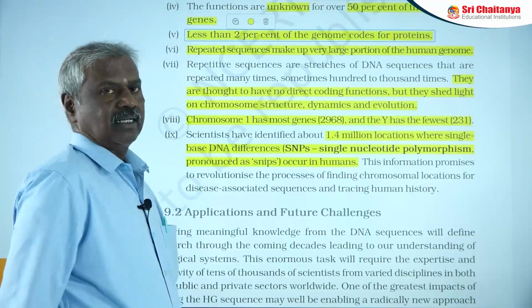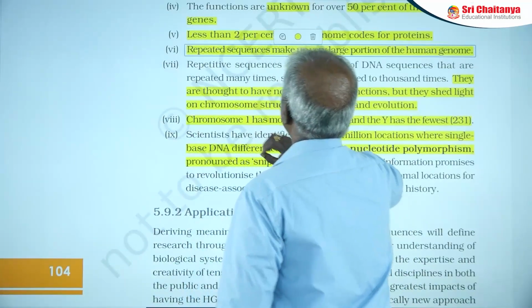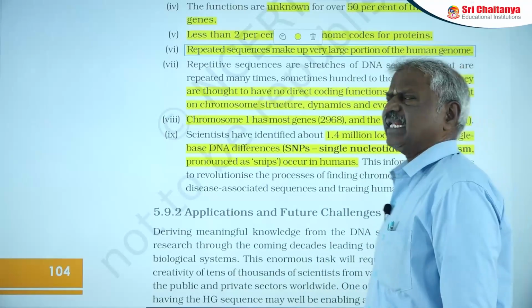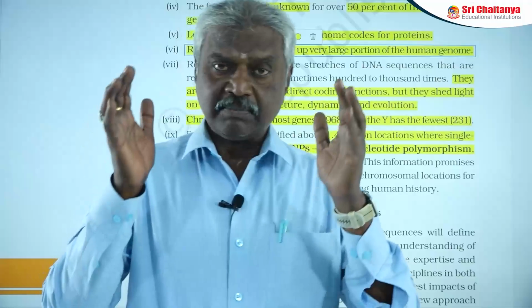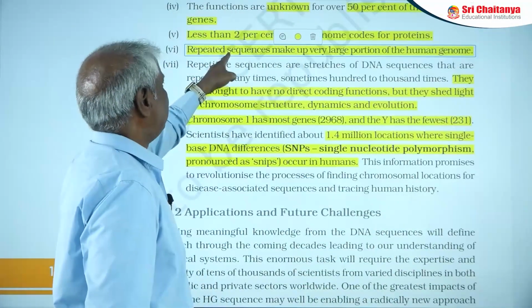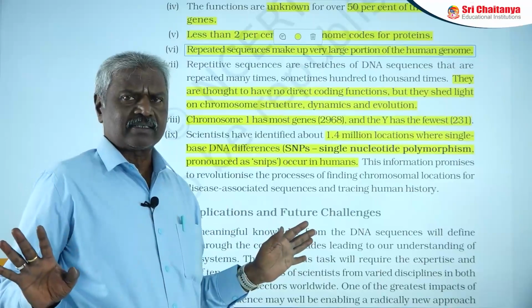Less than 2%. Then the vital area: repeated sequences. Repeated sequences make up a very large portion. Simply, they ask which of the following is the major portion of the human genome. Repeated sequences make up a very large portion. What are these? They are not genes.